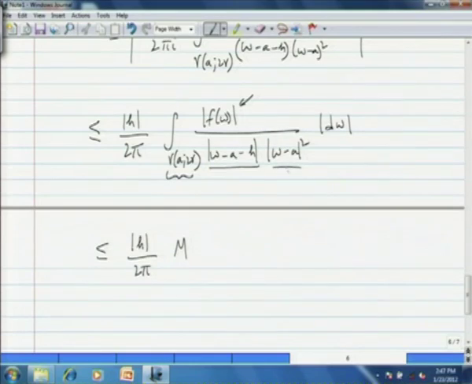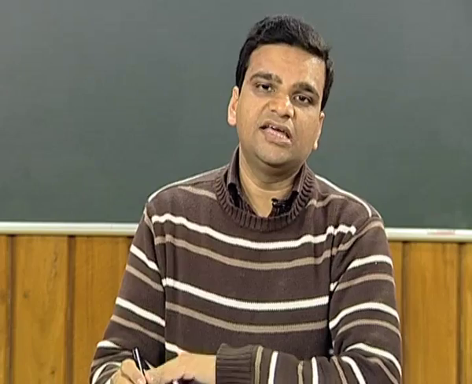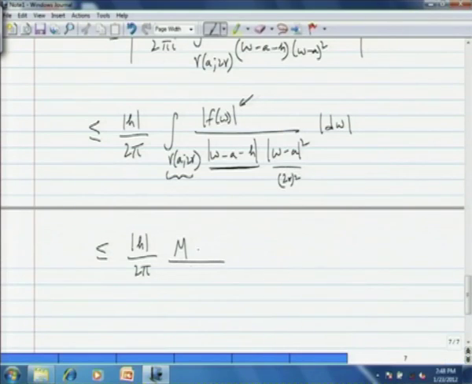So, this is equal to 2 r rather. So, this is 2 r squared, and then this quantity is at least r. So, 1 by that is at most 1 by r.